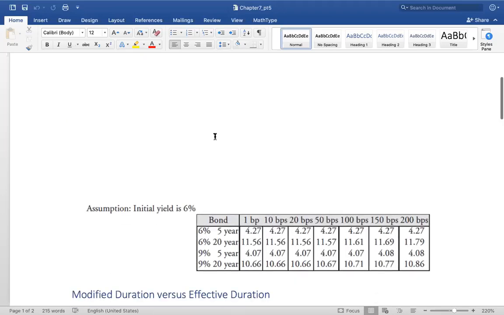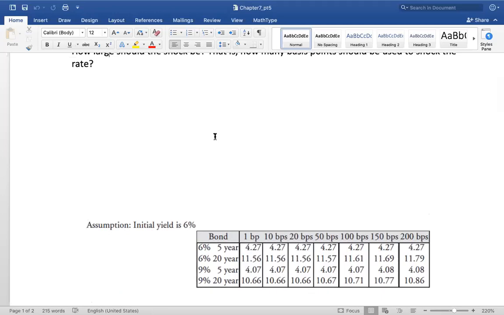In this table, what I did is I have continued with the 4 bonds, the same bonds we have been using in this chapter. A 6% 5-year bond, 6% 20-year bond, 9% 5-year, and 9% 20-year bond.